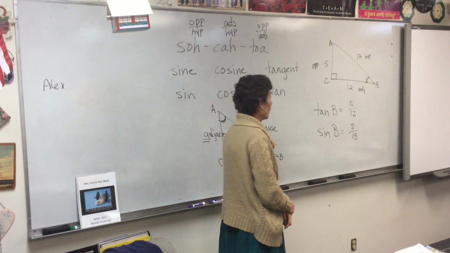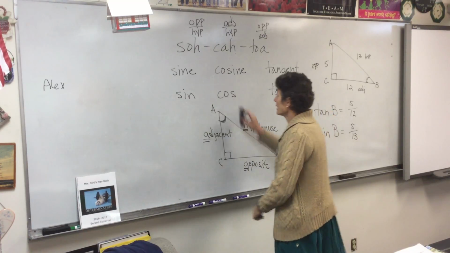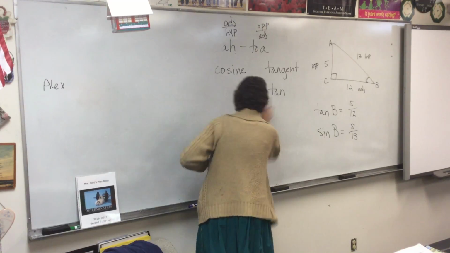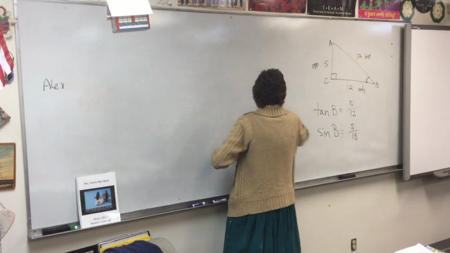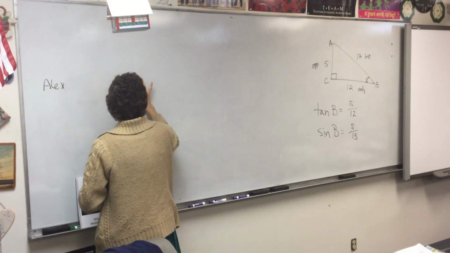Okay? Now, while I'm putting down some attendance, I'm going to give you another one. I'd like you to do a couple more. I'm going to erase this, but it's on your sheet, so you've got it. I'm going to draw my triangle a little bit differently. That does not change anything.